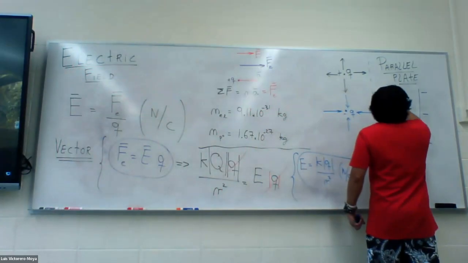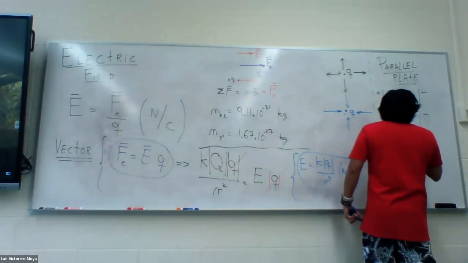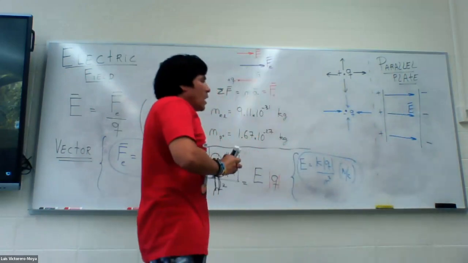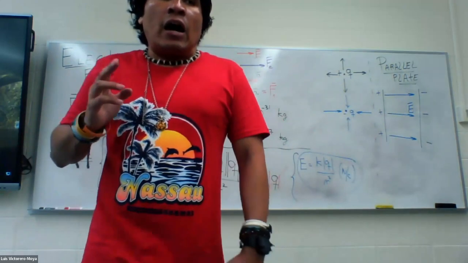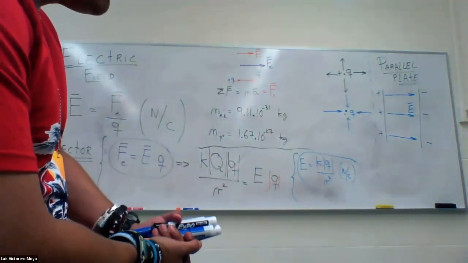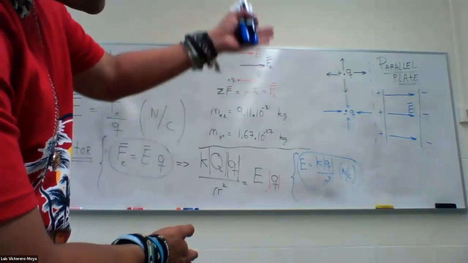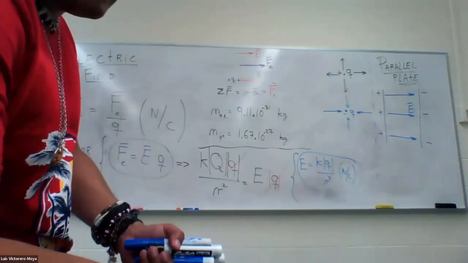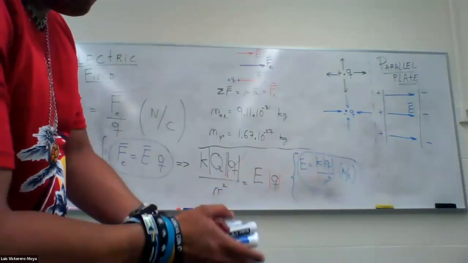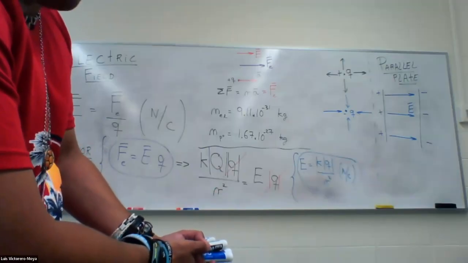That's an important property of electric fields. Electric field always goes from positive to negative, like this. Now, why does it go in this direction? Well, because as you probably have seen already, or you're gonna see this week, the way we trace electric fields is by using what we know as equipotential surfaces or equipotential lines, which are lines with the same potential difference. What's potential difference? Well, if you have used batteries at home, then you know that you have 1.5 AA batteries. That 1.5 is 1.5 volts.